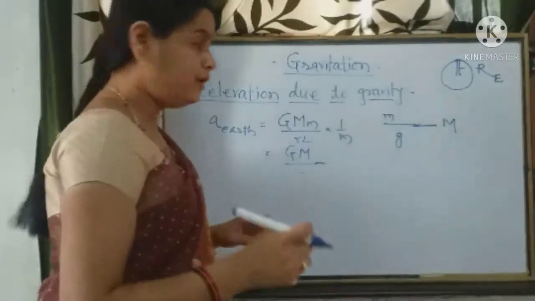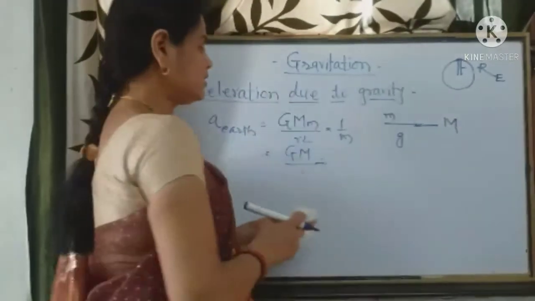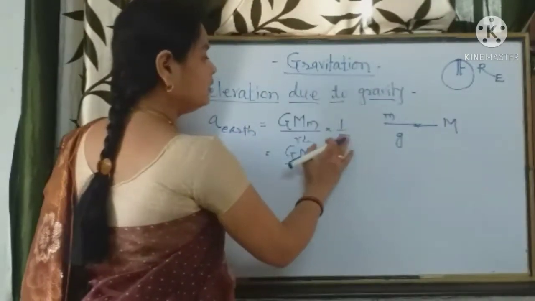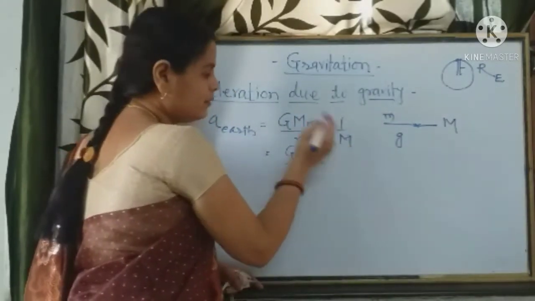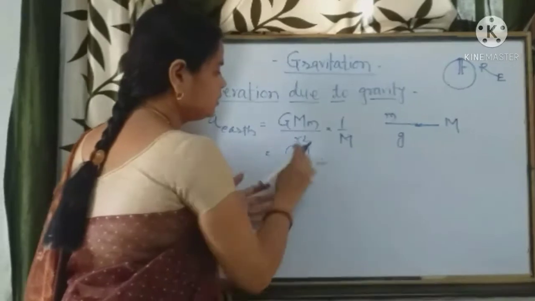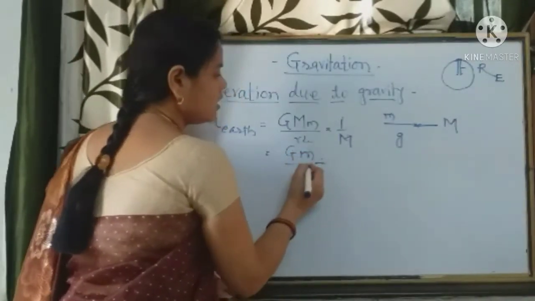If we want to find this acceleration of the earth towards the body, then it is equal to 1 divided by M, therefore G small m upon r square.